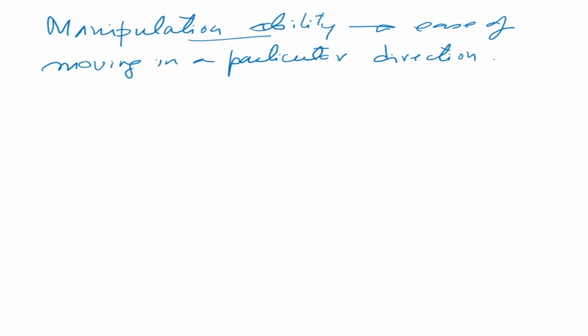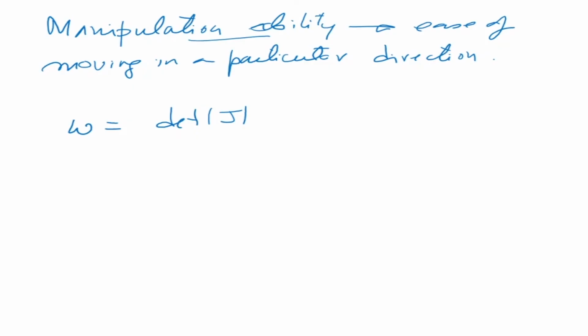Now W is the manipulability, which is the determinant of J. The determinant of J is an indicator of how much energy is being consumed. It is also an indicator of the direction in which you can move.